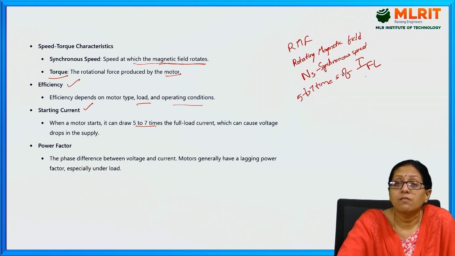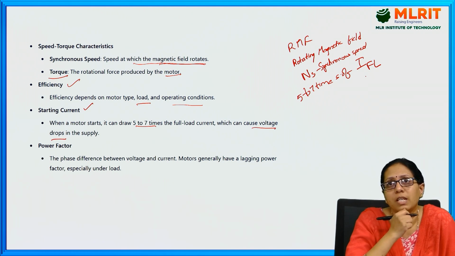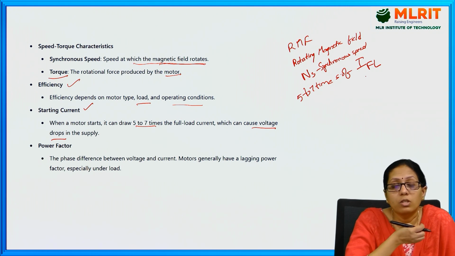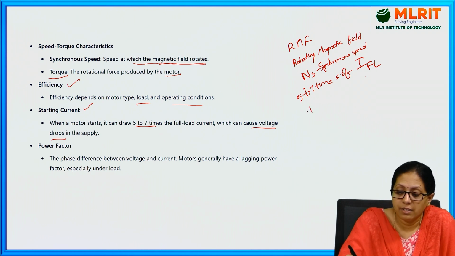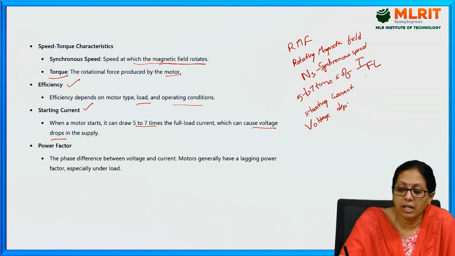So it takes 5 to 7 times the full load current for starting a motor, which can cause voltage drops in the supply. Meaning if the number of motors being used is more, the starting current will be more, and when the starting current is more, voltage dips will occur.